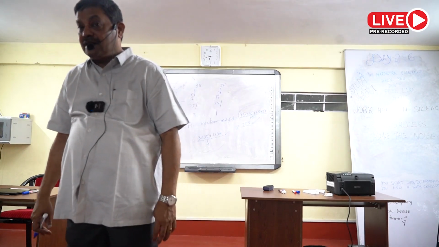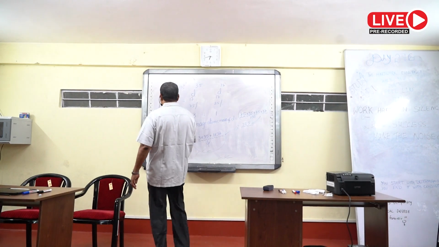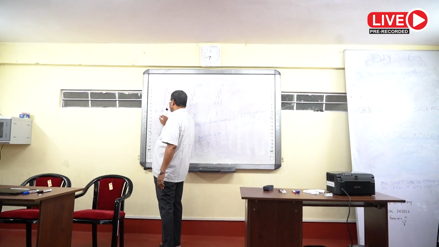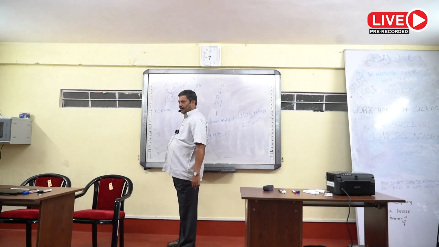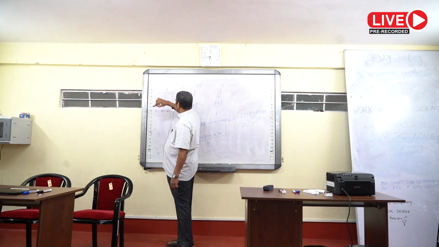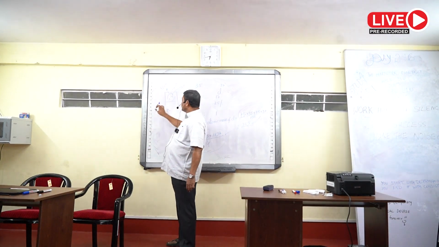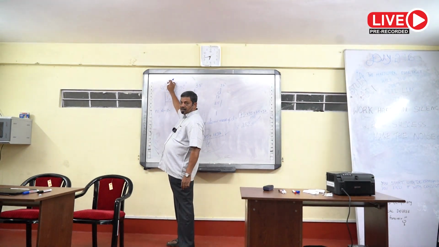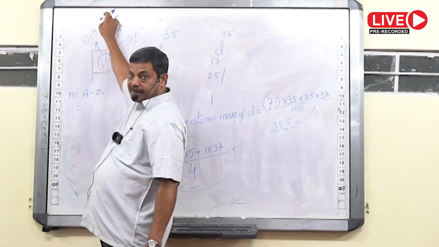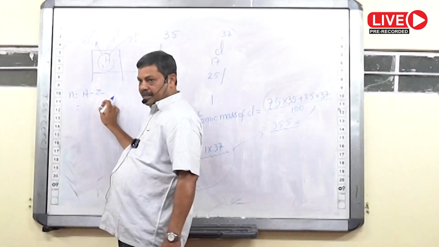They have different number of neutrons. Number of neutrons is equal to A minus Z, mass number minus atomic number. The number above is called mass number, the subscript is called atomic number.